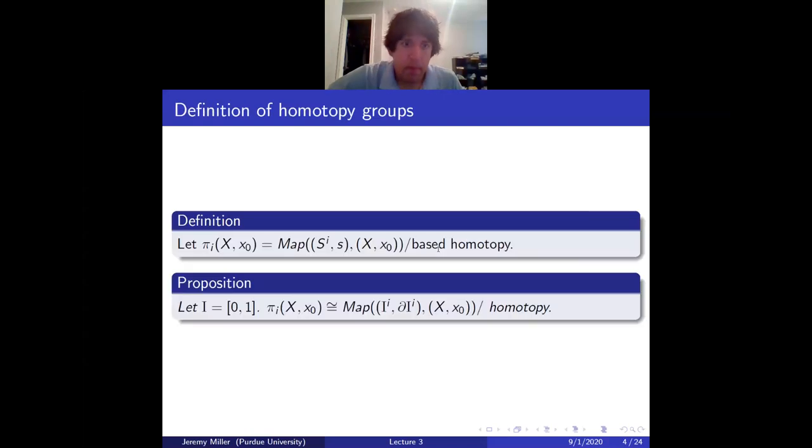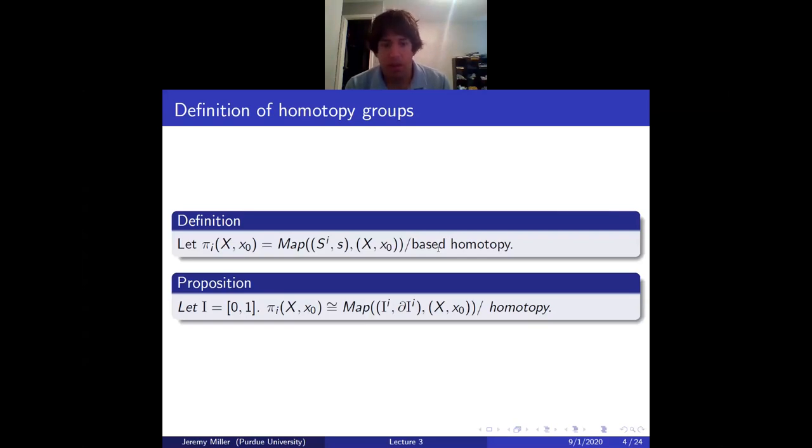Okay. So we defined homotopy groups to just be the set of based maps from a sphere into a base space. And for today, it'll be more convenient to instead think of homotopy groups as the set of maps from an interval to the ith power, so like a cube, rel the boundary of a cube, into the base space.